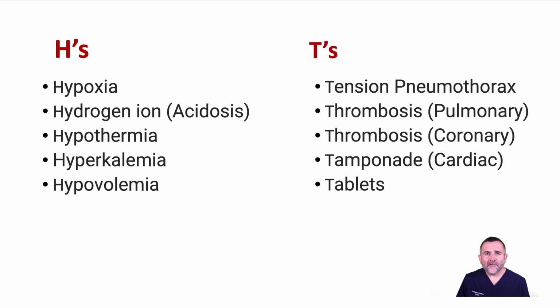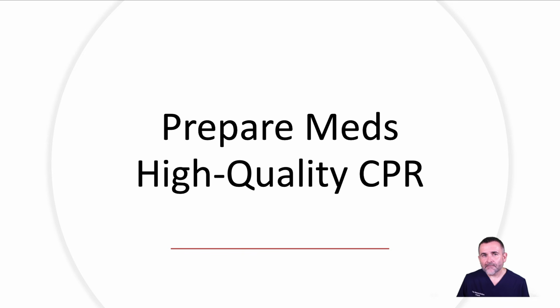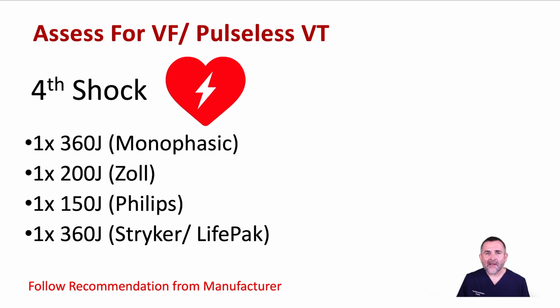We should also never forget to consider our reversible causes of cardiac arrest, our 5 H's and 5 T's as listed here. At this stage, we should prepare our second dose of epinephrine 1 mg.